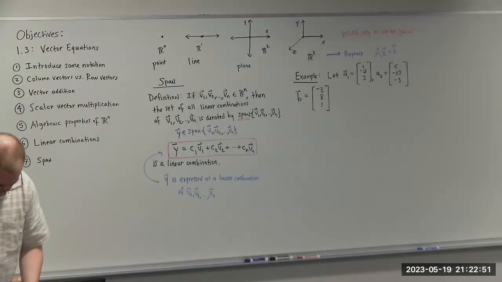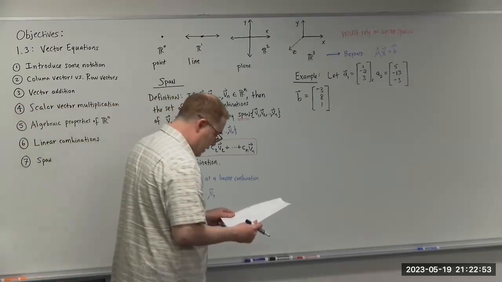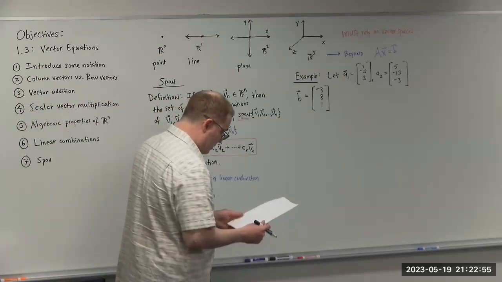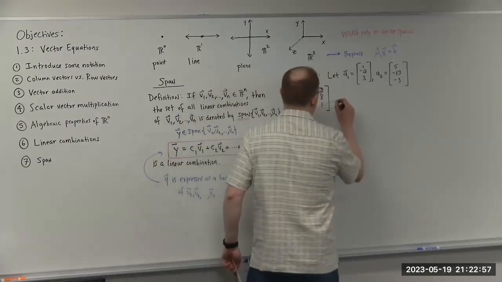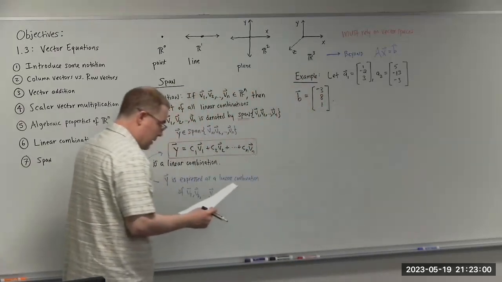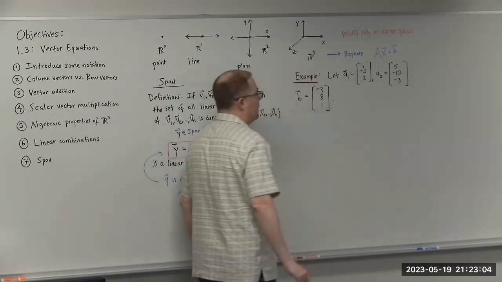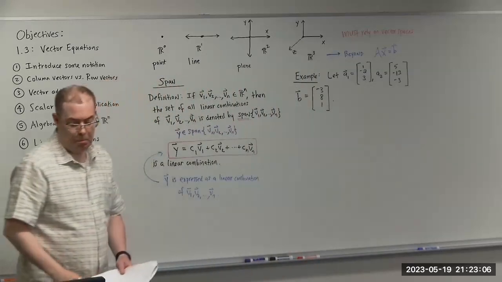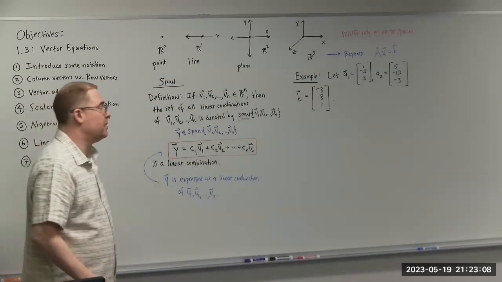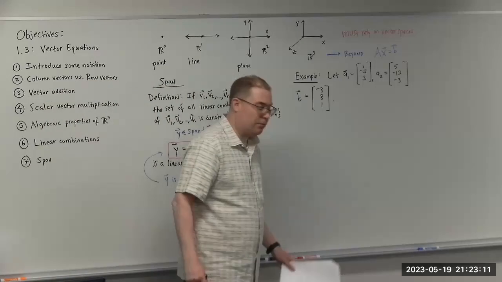So the question here is, if we take a look at these two vectors, A1 and A2, and think about that geometrically, basically that forms a plane through the origin.